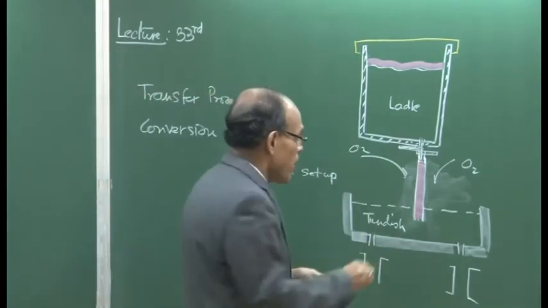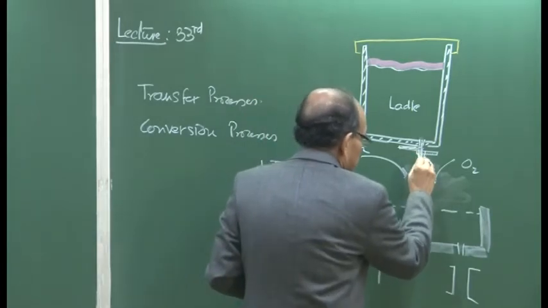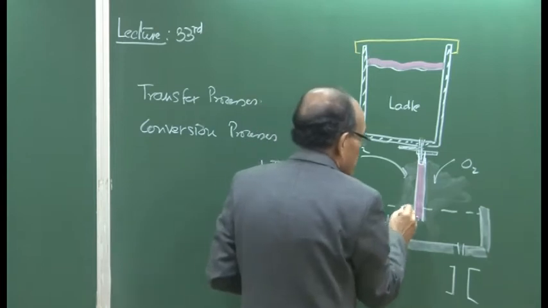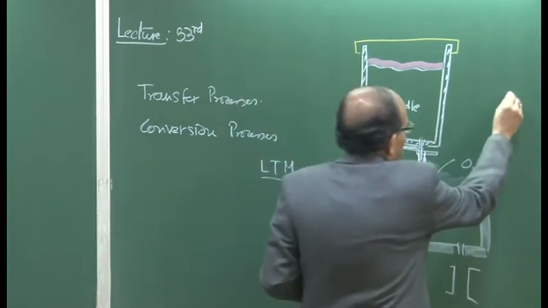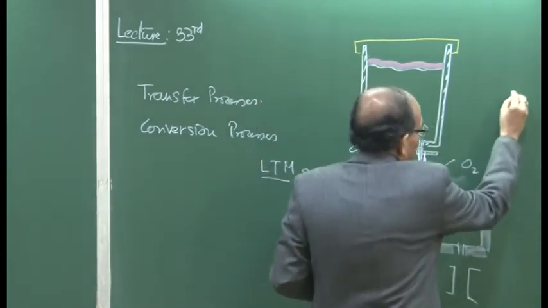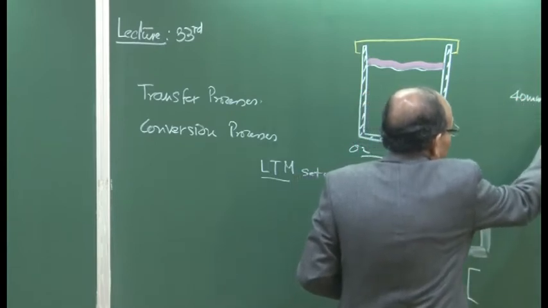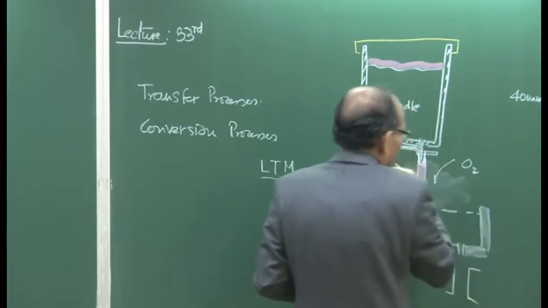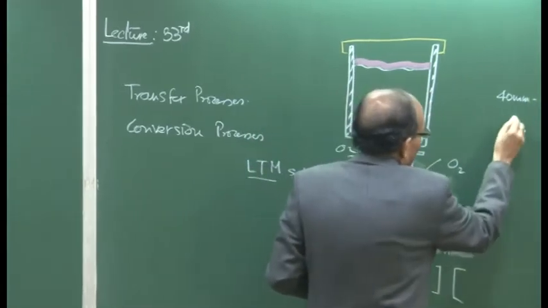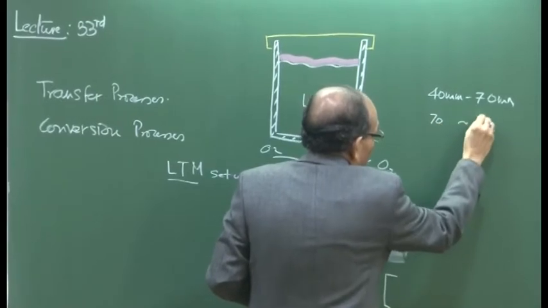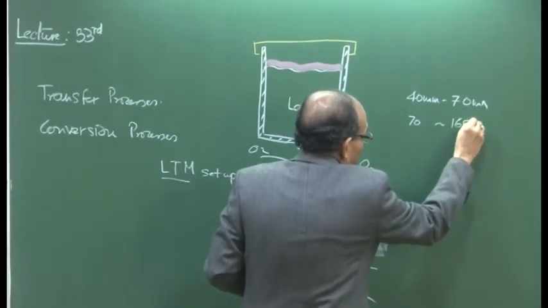These shrouds, for example, as I indicated, there is a collector nozzle onto which the shroud is mounted, and the collector nozzle hole diameter typically is 40 mm to about 70 mm, that is the range, and the shroud diameter varies from about 70 to about 165 mm.